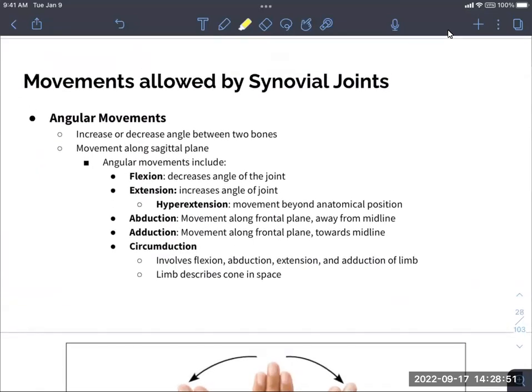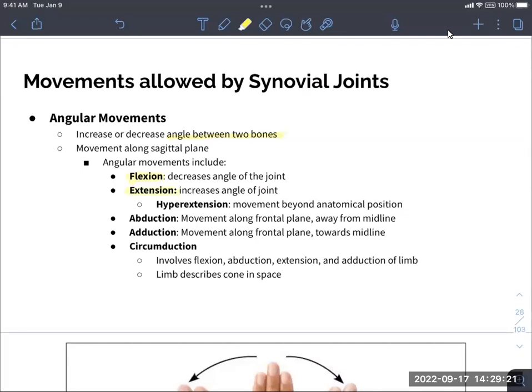Let's look at angular motions. Angular motions do just that. They increase or decrease the angle between bones. There's different kinds of angular movements. There's flexion. If you bend down and try to touch your toes, that is flexion. You are bending forward.